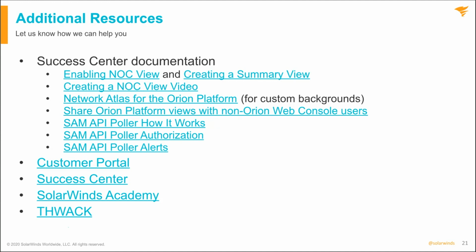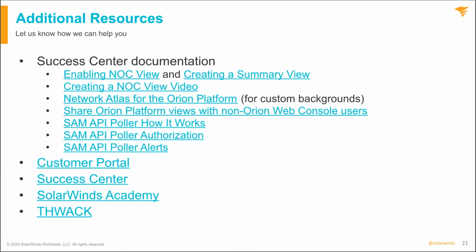And if there's any other resources, we do have a lot of resource access. So if you'd like to go through some of the documentation, like I mentioned, I always like to go through the mini steps of how you can leverage it. But if you need to, whether it's go back through this webinar again or look at the more nuanced areas, like how you just went through that enable NOC view, where was that checkbox to enable it, and then how can I set up some of those views?